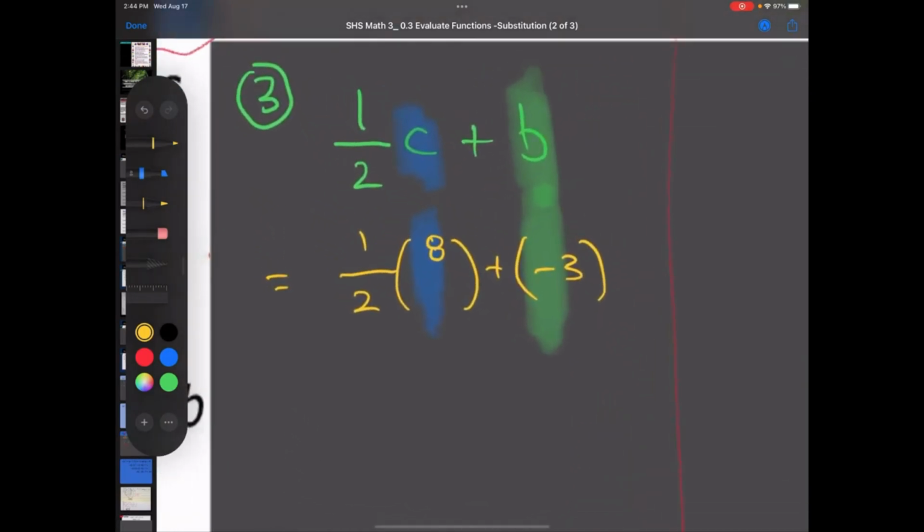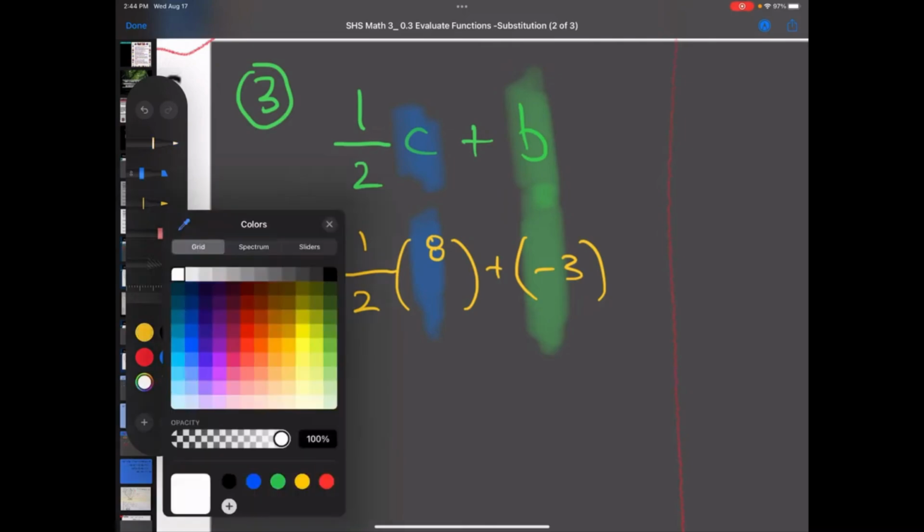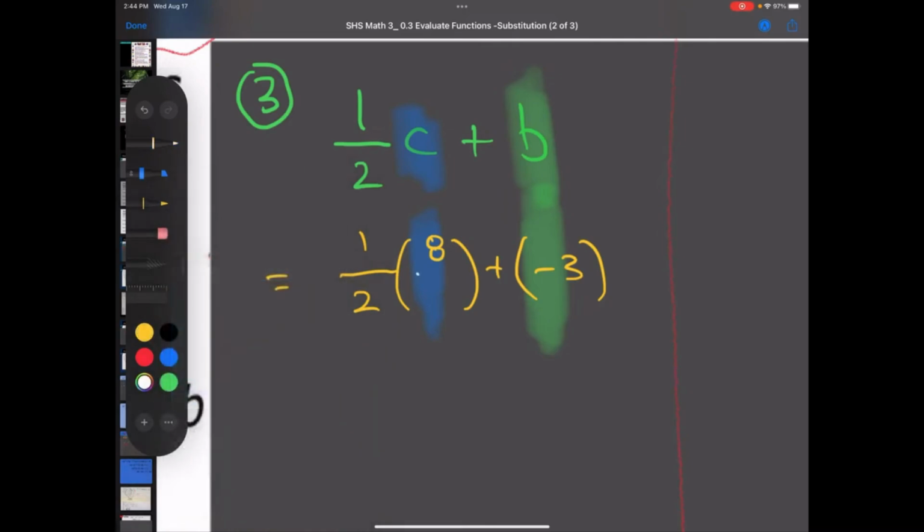Did you notice that I put the replacement or substitution in parentheses? Everyone say it. You're going to get some problems wrong because you don't want to use parentheses. Now, do you guys know why I put the 8 a little bit funny? You know the secret. She said put it over 1. Excellent. Let's do that. The 8 does not just float in the air.